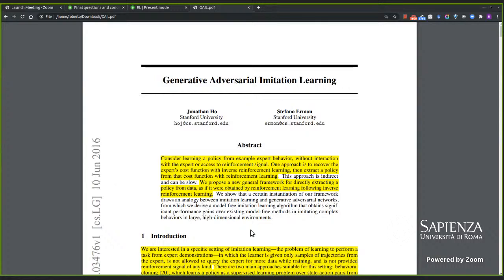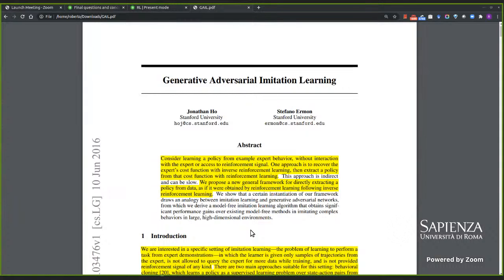By trajectory, I mean, as usual, the states and actions visited by the expert. By looking at this, we want to recover a new policy that should be imitating the expert as much as possible.